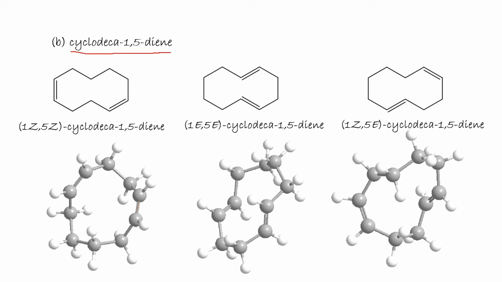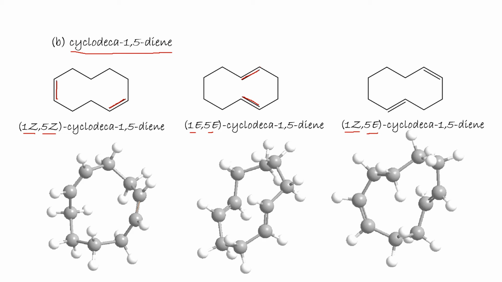Cyclodeca-1,5-diene. We can have 1Z,5Z, cis, ZZ, 1E,5E, trans, and then 1Z,5E.